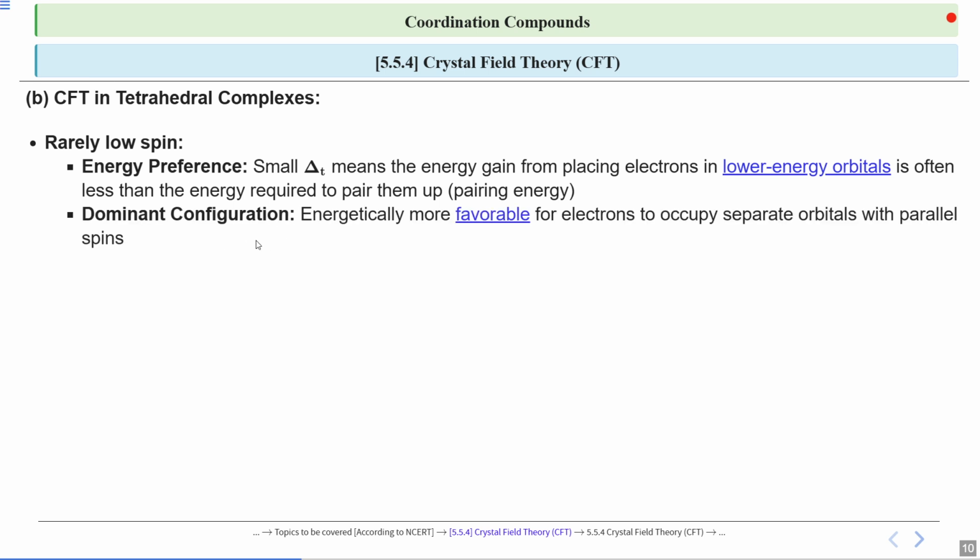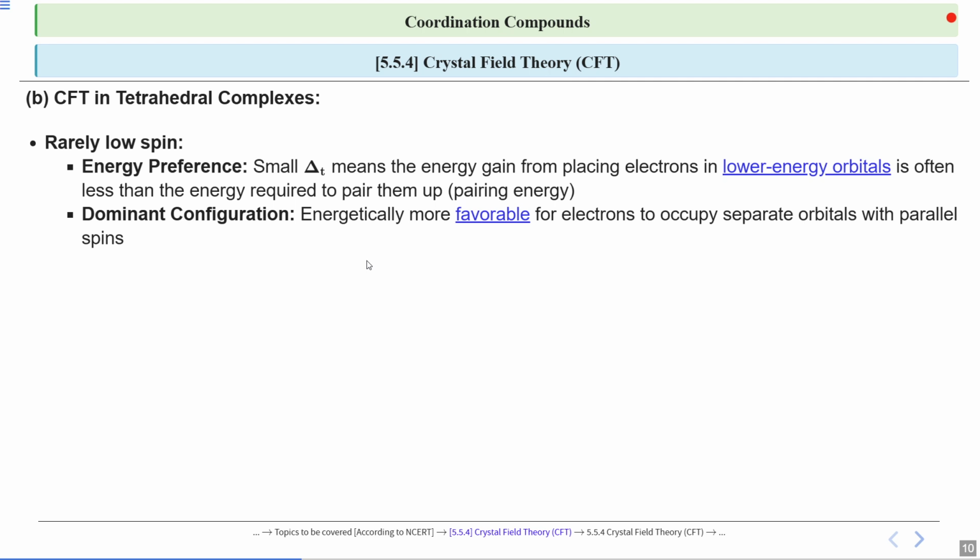Dominant configuration, what does this mean? It is energetically more favorable for electrons to occupy separate orbitals with parallel spins.